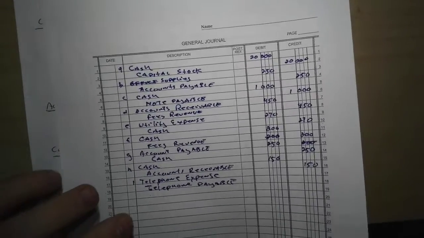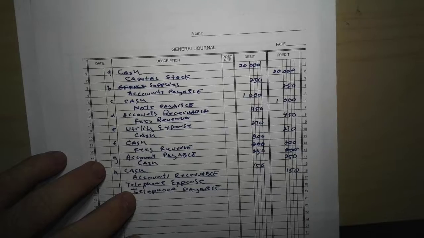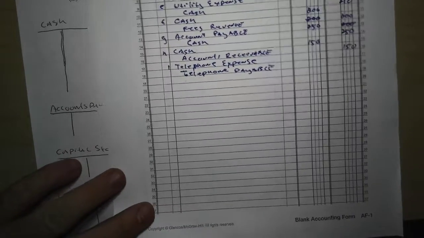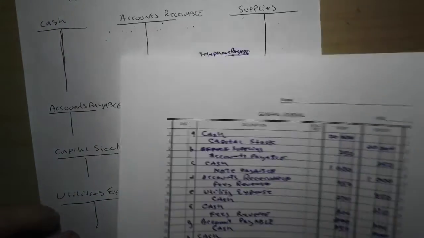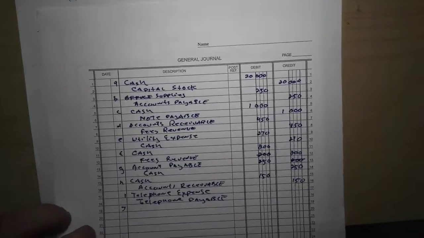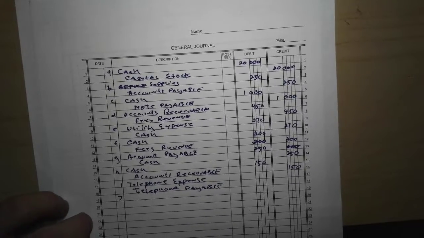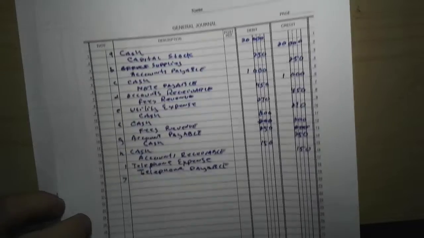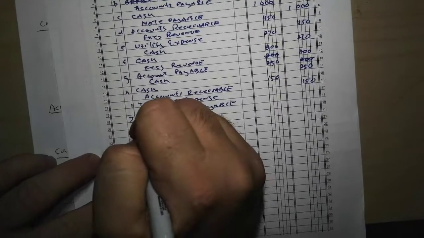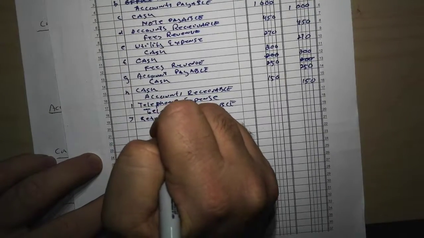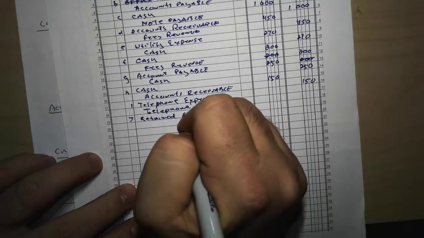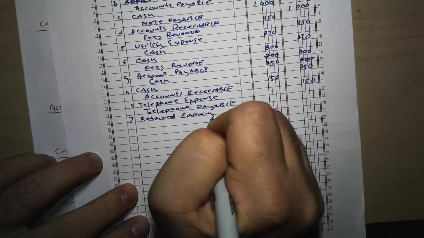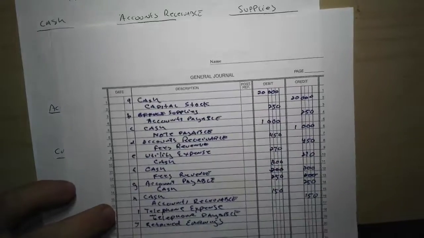Okay, so declared and paid a $300 dividend to stockholders. Now remember on this one, we're just going to use retained earnings as the account that we debit, because retained earnings is an equity account, so we can decrease its value if we pay dividends. So I'll debit retained earnings for 300.